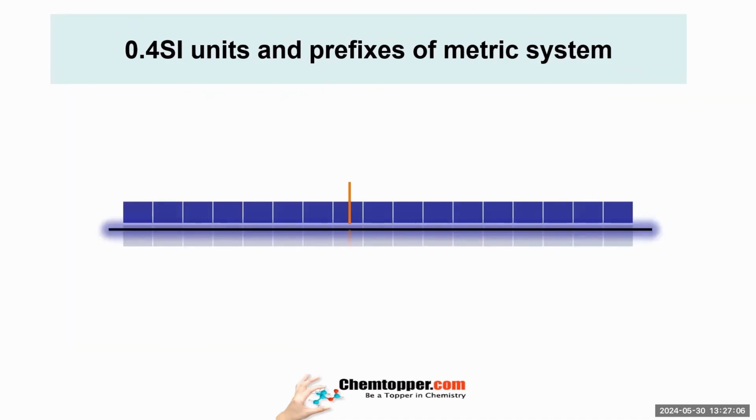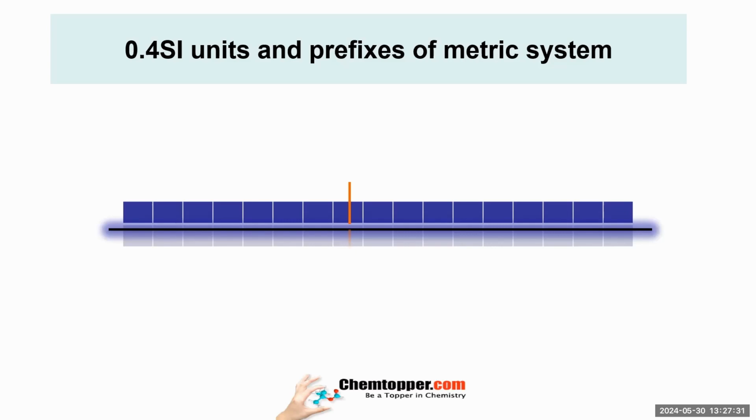Now let's try to understand how to convert a basic unit by using prefixes into a smaller unit or bigger unit. So let's start with a basic unit. This is very important and you have to practice it because they will not give you these conversions in the examination.